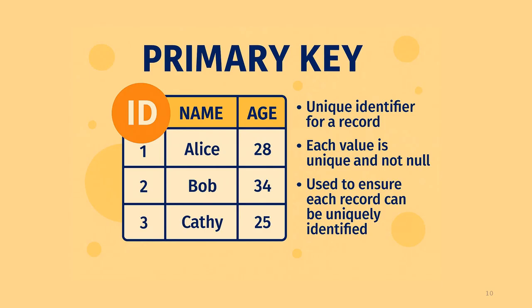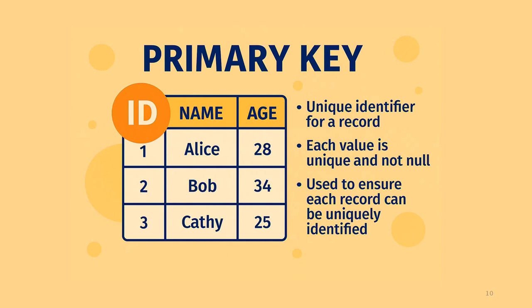Let's start with the primary key. Primary key is a unique key for each record. For example, for the student ID, we should not find two students with the same ID. Each value must be unique and not null.